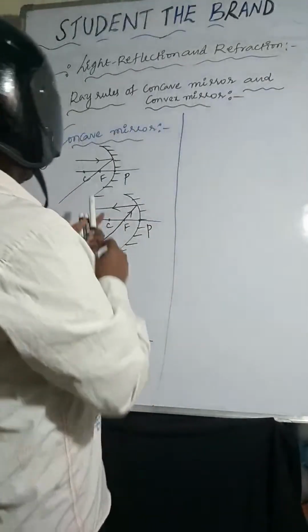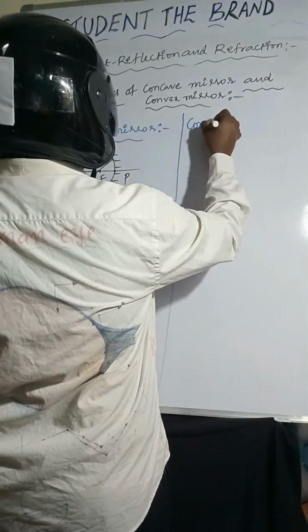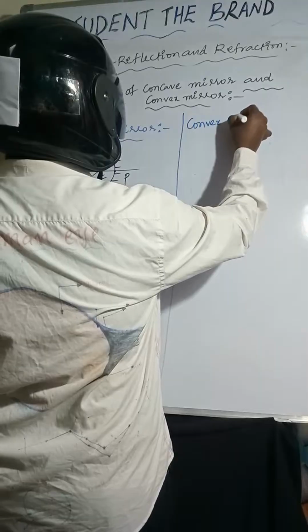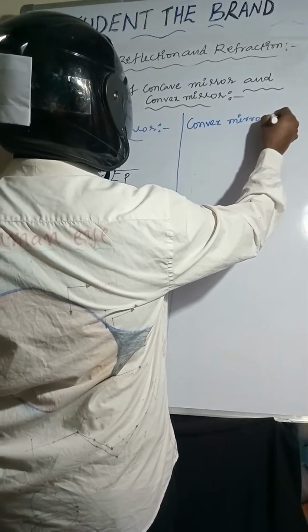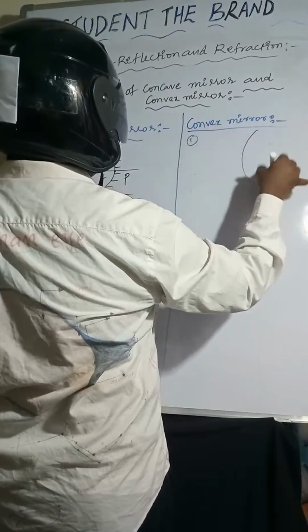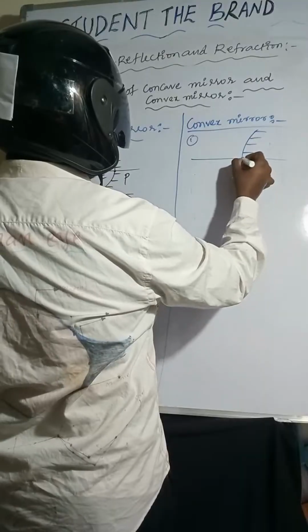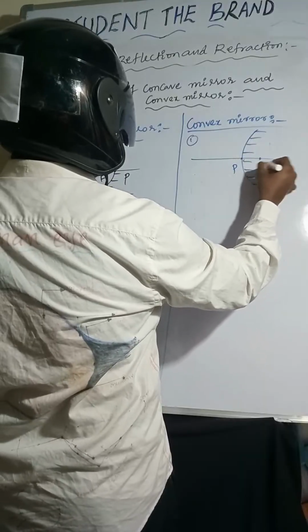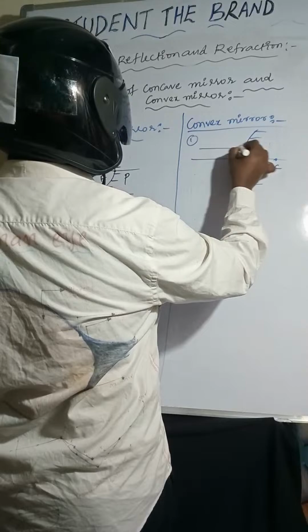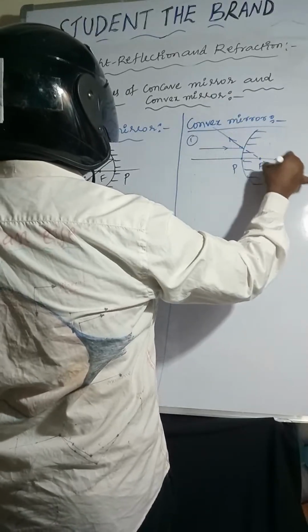So coming to the convex mirror. First one: light rays coming from infinity, after reflection, pass through focus.